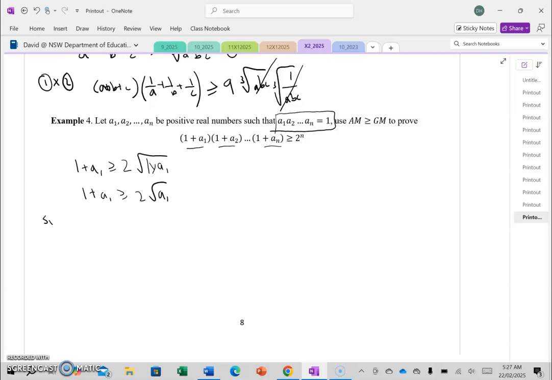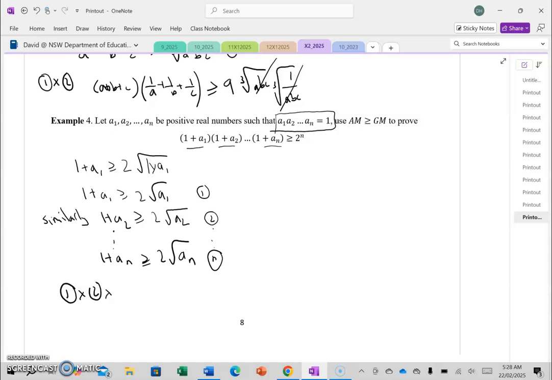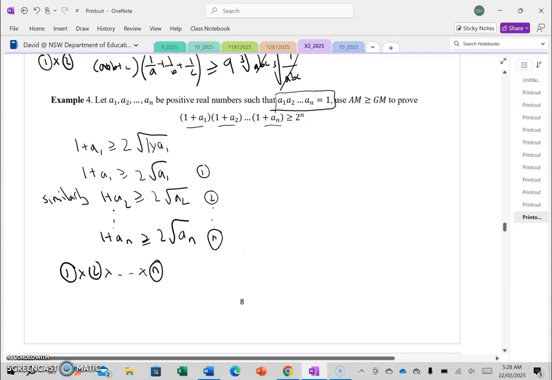Okay, so similarly, the second bracket would be 1 plus A2 greater than or equal to 2 square root A2, all the way up to 1 plus A sub n greater than or equal to 2 square root A sub n. What we're going to do is multiply 1 times 2 times all the way up to n. What are we going to get?